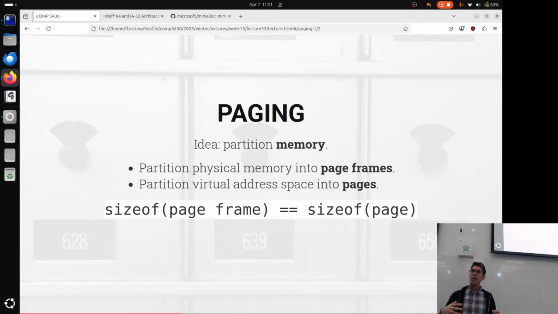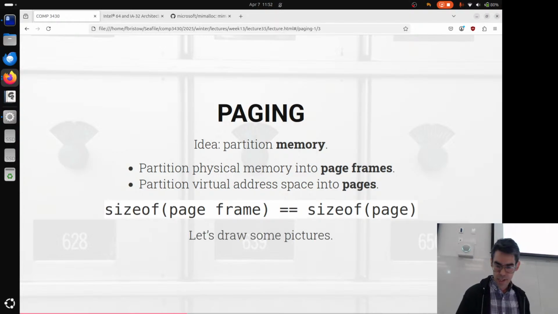This means there are way, way more virtual pages in our virtual address space than there are page frames. But kind of like segmentation, we're only going to allocate page frames for the pages that we actually use. I'm only going to allocate as many page frames as I actually need.